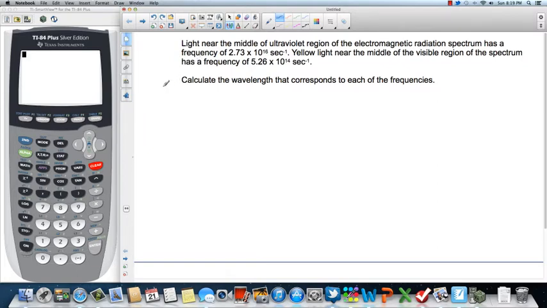So really what it comes down to is there's only a couple of equations we need to know. The first equation is c, the speed of light, is equal to the wavelength of light times the frequency of that light. The second is that the energy of a photon is equal to h times the frequency, or is equal to h times the speed of light divided by lambda.